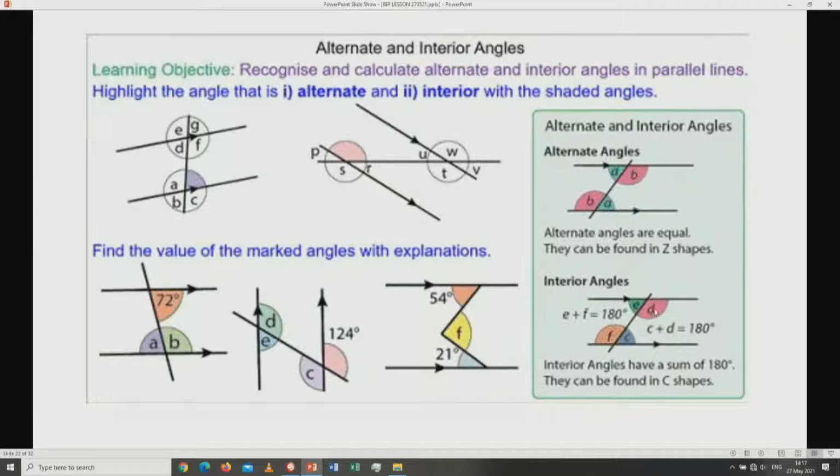Remember when you add your co-interior angles, they give you 180. They are within the parallel lines on the same side of a transversal. When you add them, they should give you 180.